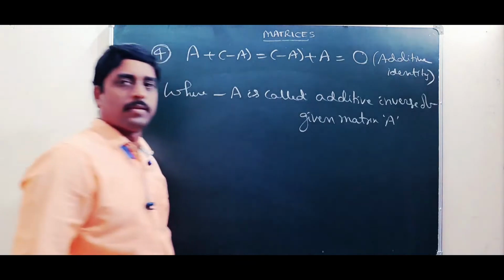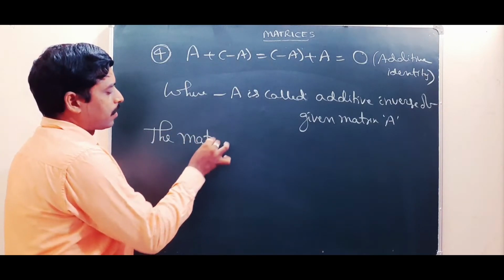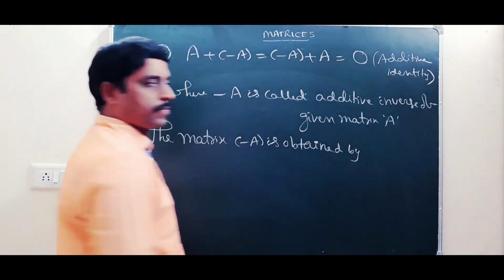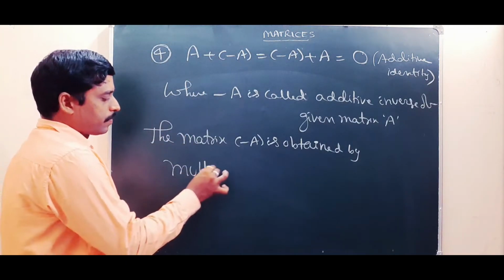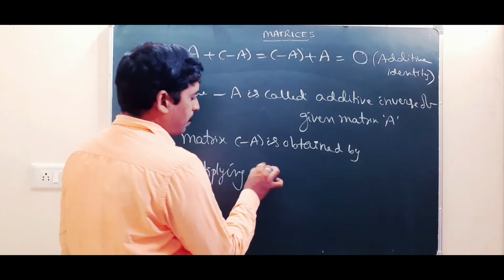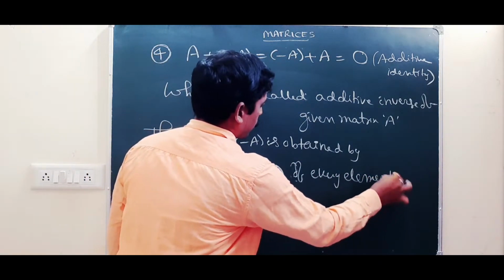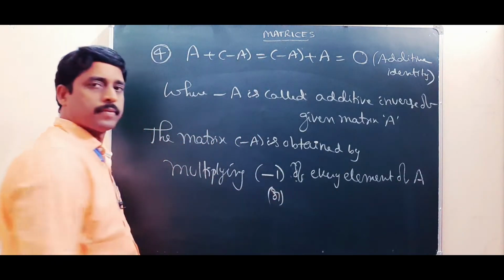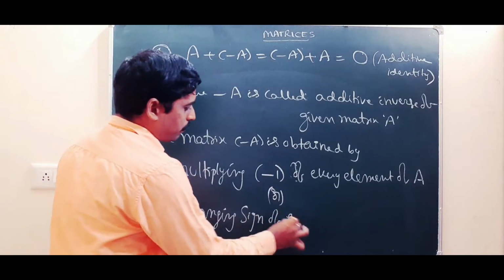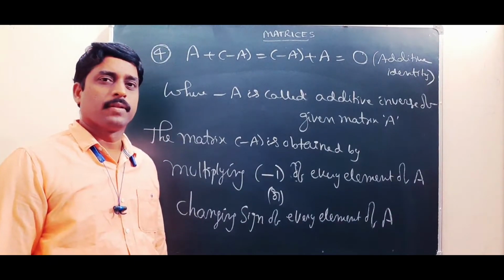The matrix minus A is obtained by multiplying every element of A by minus 1, or changing the sign of every element of A. So what is minus A?